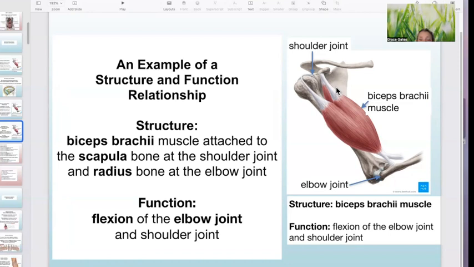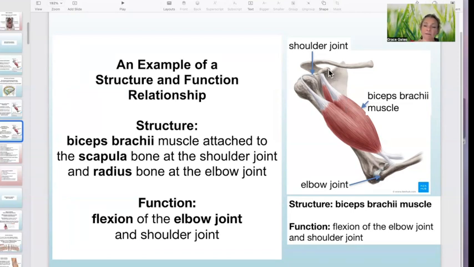The biceps brachii muscle is attached to the scapula bone at the shoulder joint and the radius bone at the elbow joint. And its function is flexion of the elbow joint and the shoulder joint, and it has some other minor functions.